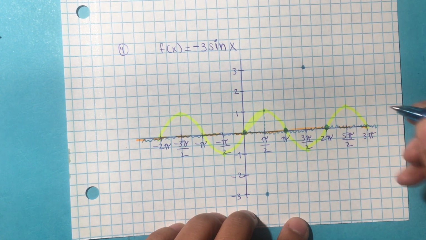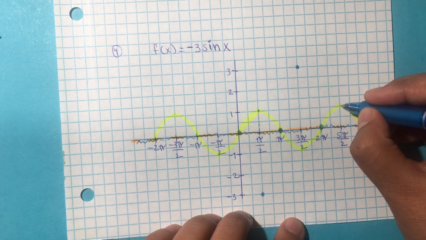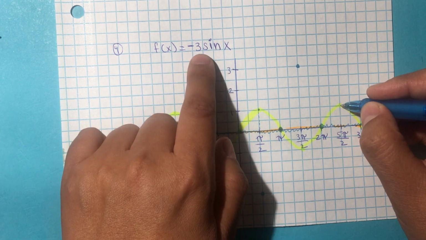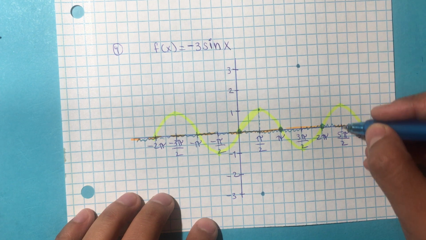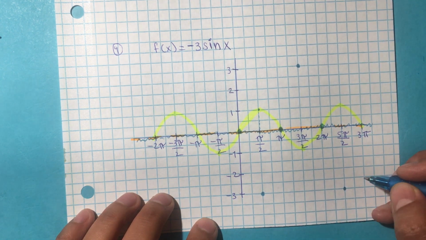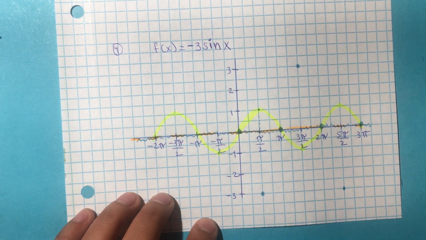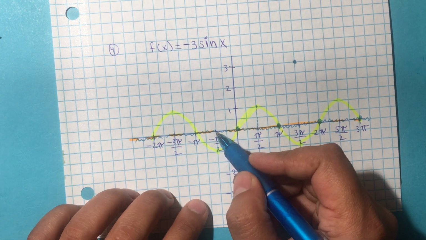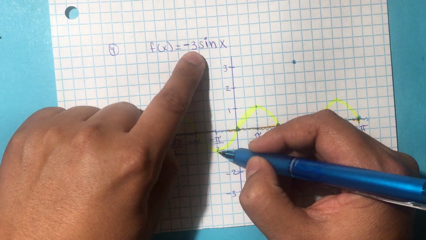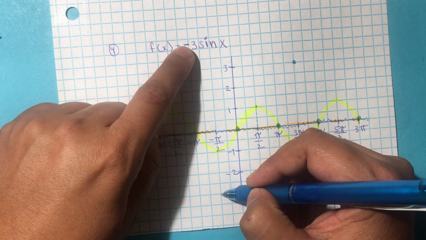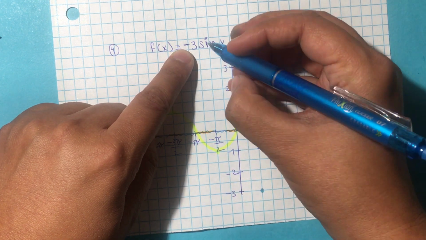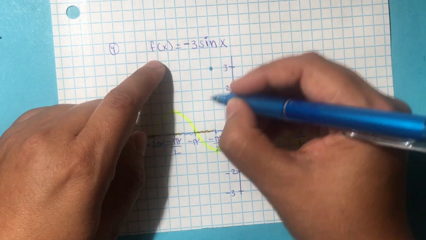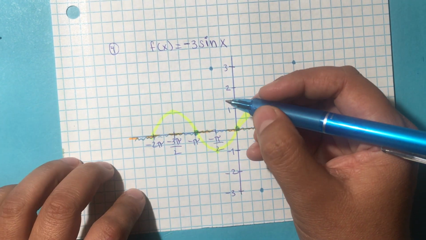0, 0 again is right here. For this one is 1 times 3 is 3, but then the negative is a reflection, so that makes it negative 3 right there. And this is 0 again. On the other side, this is negative times 3 is negative 3, but then the negative makes it a reflection, so you go up here, 0 for that one.